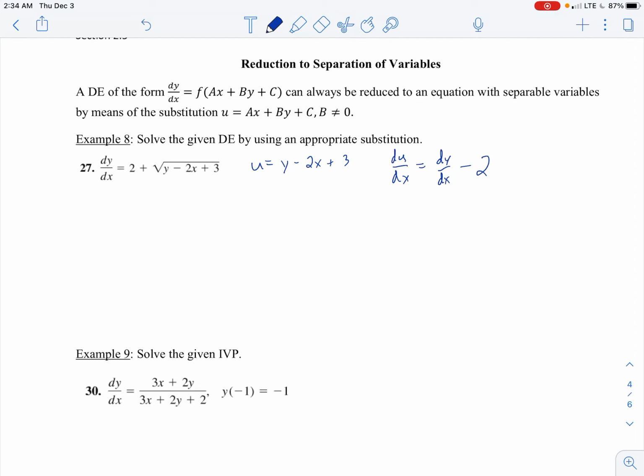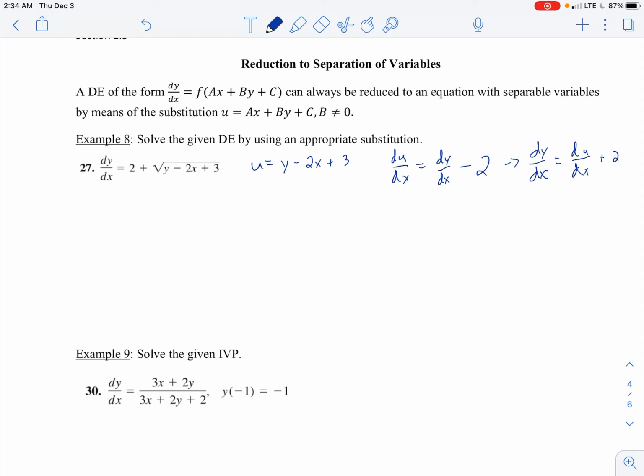So now we have du over dx is equal to dy over dx minus 2. Let's solve that for dy over dx: dy over dx is equal to du over dx plus 2.